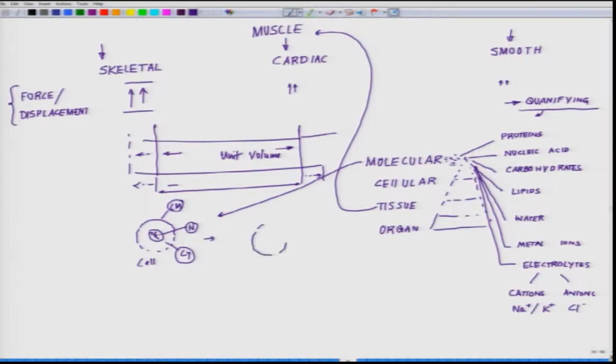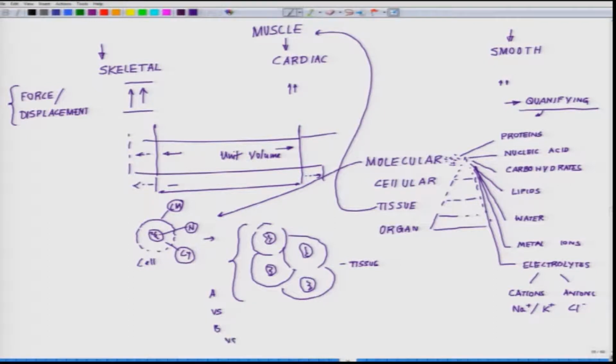And there are different of these cells which come together. These are individual cells which come together to form what we call tissue, right. Now, we say this tissue A versus this tissue B versus this tissue C, and ABC here, say for example, I say skeletal muscle as A, cardiac muscle as B, and smooth muscle as C. They generate different kinds of force.